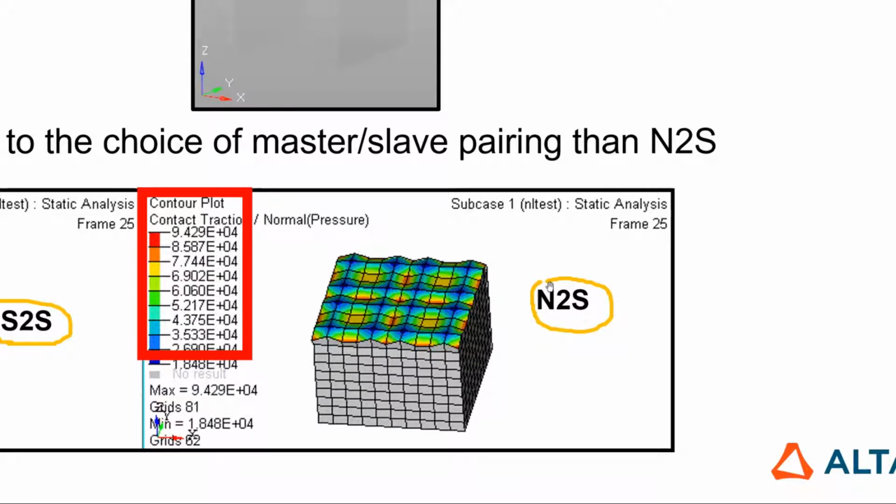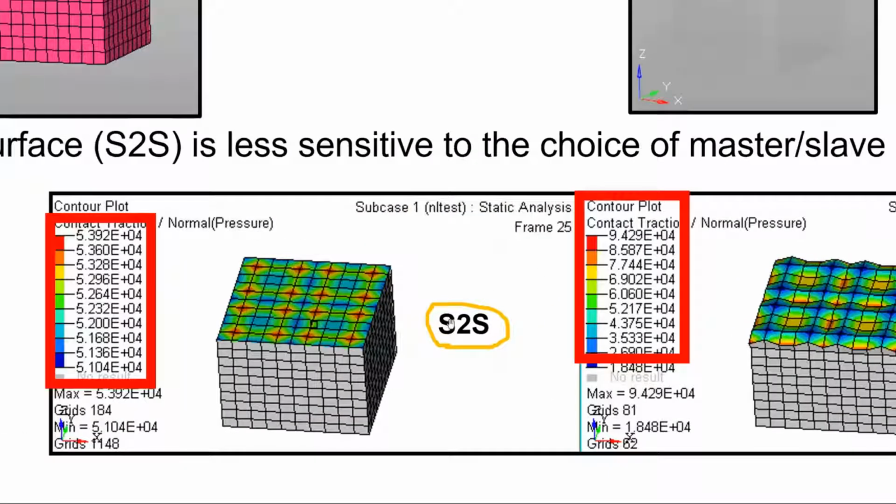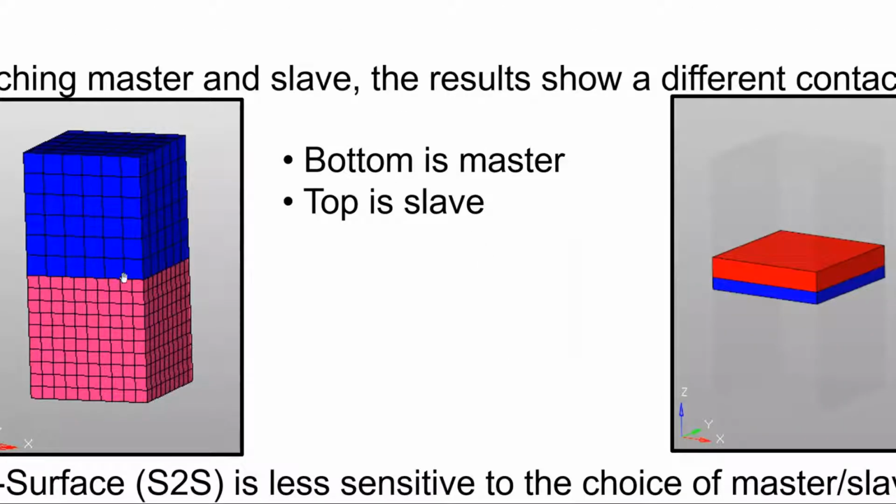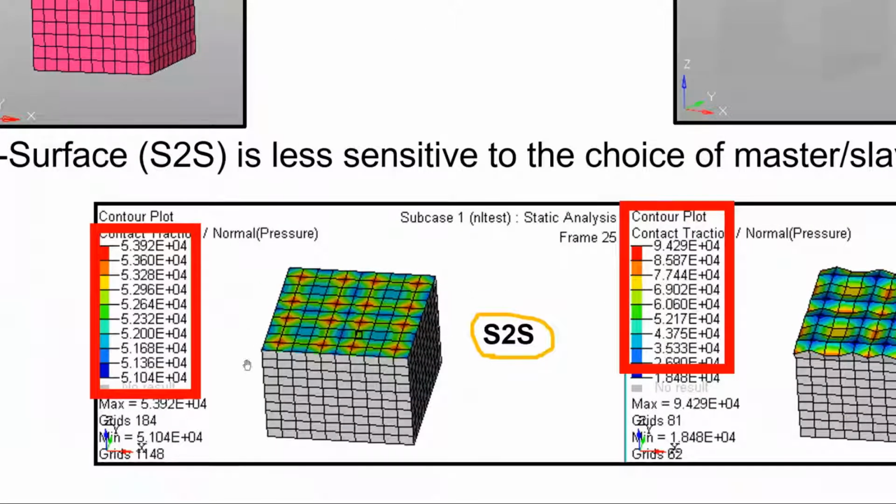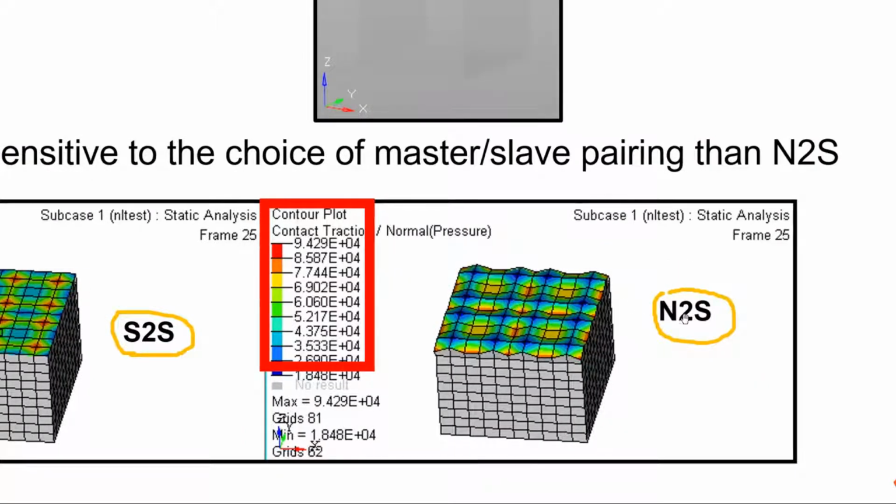So if you use surface to surface, even though your master and slave definition is the other way around and you didn't follow the rule of thumb, you can still get a fairly reasonable result. All the nodes and all the surfaces are still being pushed down. But if you use node to surface, then you see this jagged condition, because some of the nodes didn't manage to find a master surface, so they didn't have any contact.